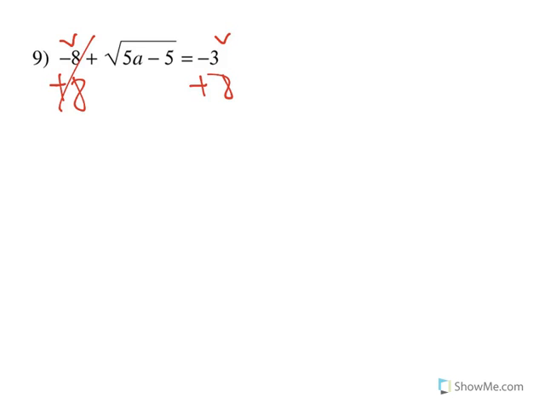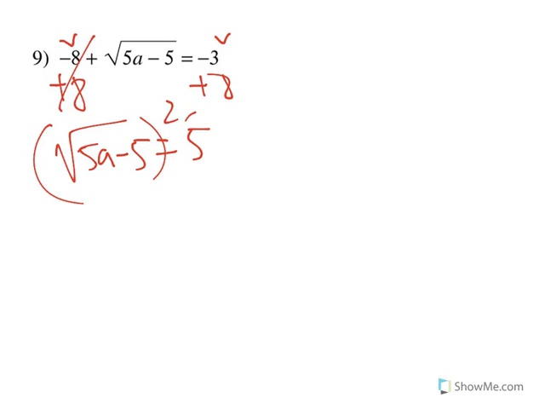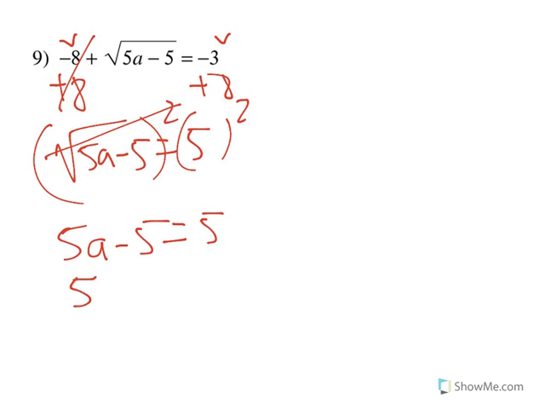We have the square root of 5a minus 5, and negative 3 plus 8 gives us a positive 5. We're going to square both sides. The square and the square root cancel out, so we have 5a minus 5 equal to 5. Add 5 to both sides, so 5a equals 10, so a equals 2.